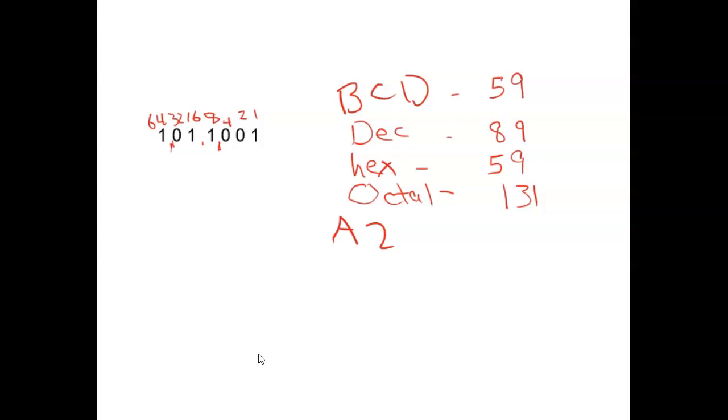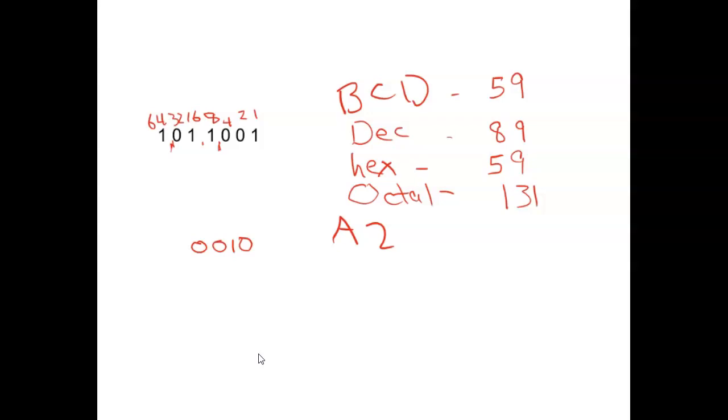And as you know, 0 to 15 decimal is 0, 1, 2, 3, 4, 5, 6, 7, 8, 9, A, B, C, D, E, F. So 2, 4 digits, you go 0, 0, 1, 0 is 2. And then A is 0 to 9, and then A is 10 decimal.